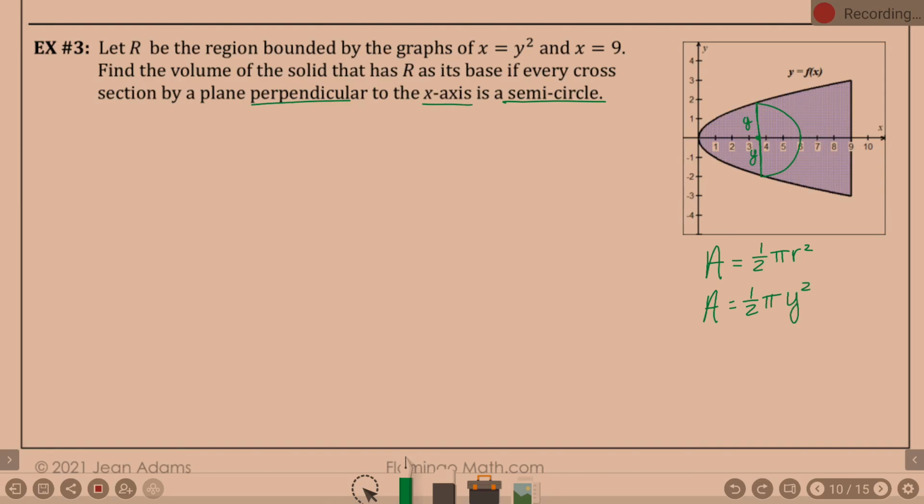So 1/2 pi y squared. Okay. Go to your equation. X equals y squared. 1/2, officially it's 1/2 pi x, yes?